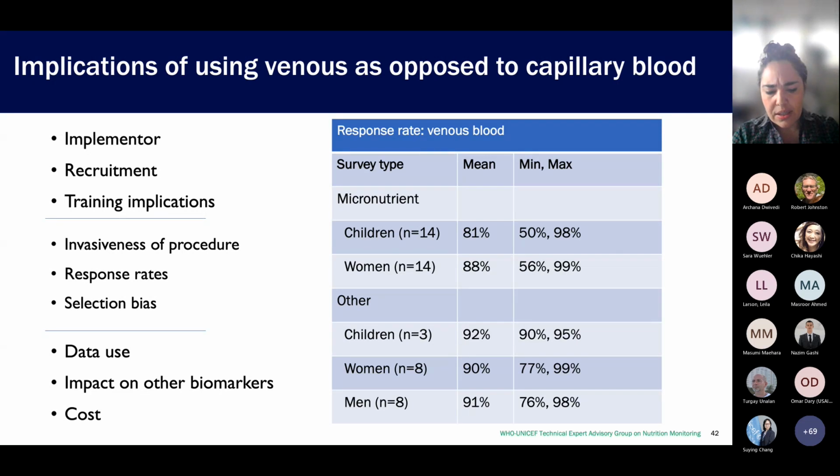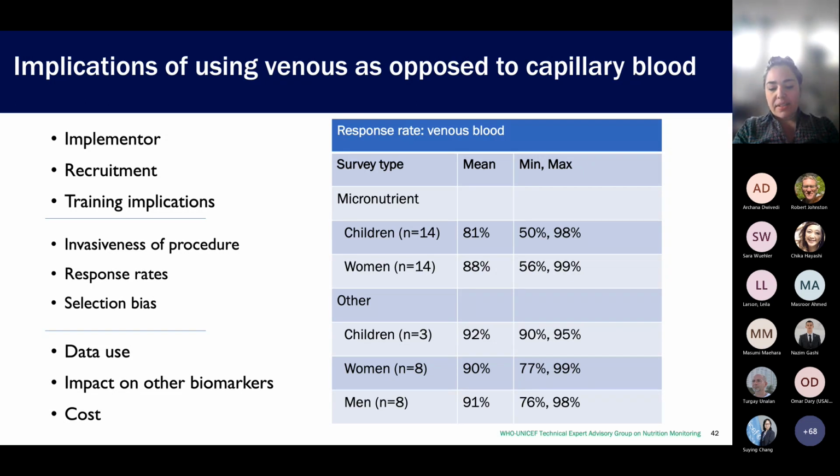In terms of cost, supply costs may increase using venous blood, but supply costs really aren't the greatest expense. The highest expense is paying field workers' time, because at least for multi-topic surveys, it can take around 6 months to collect the data. So it's possible that phlebotomist salaries may be higher than those who measure capillary blood.